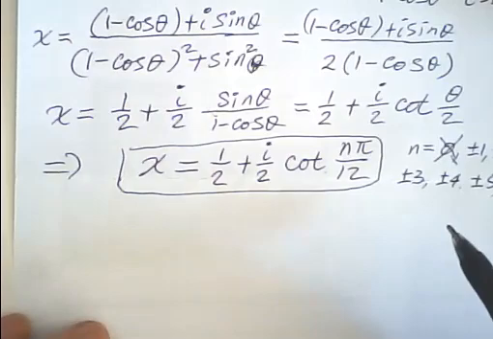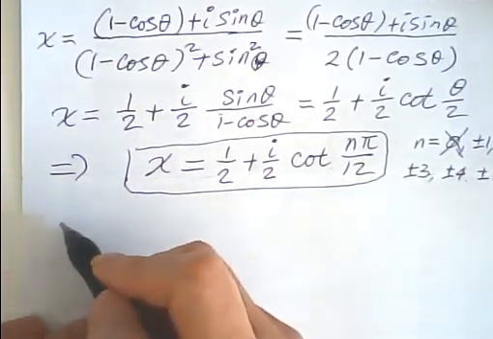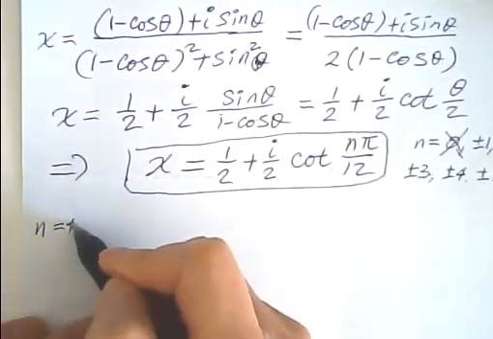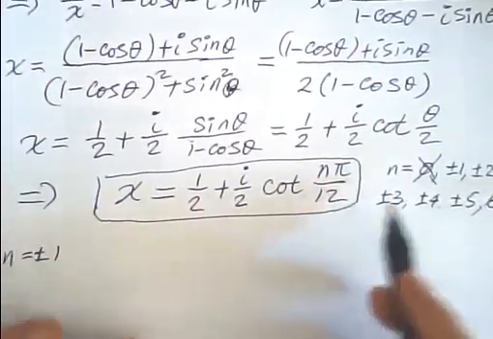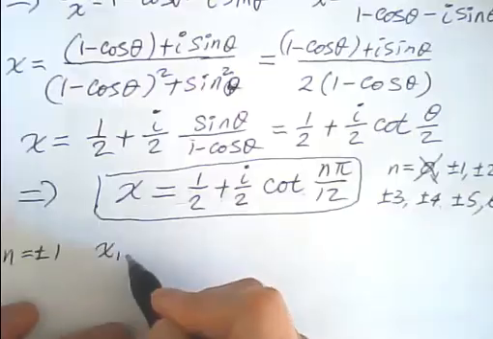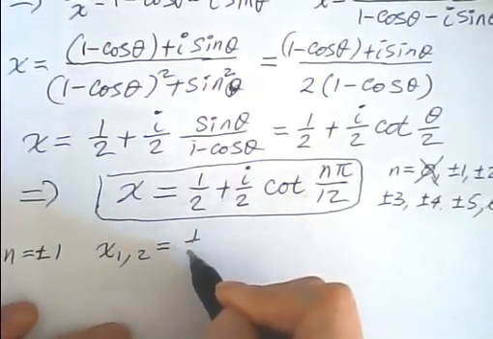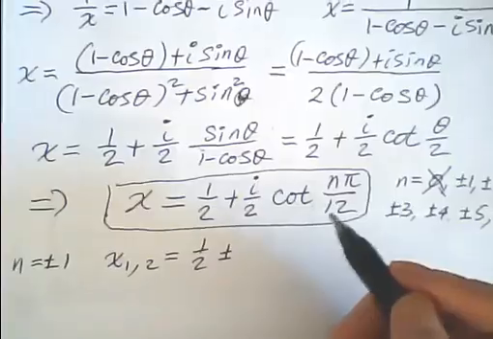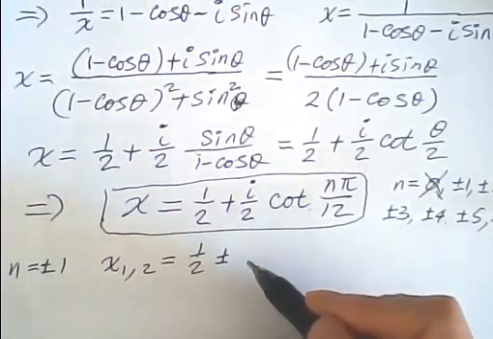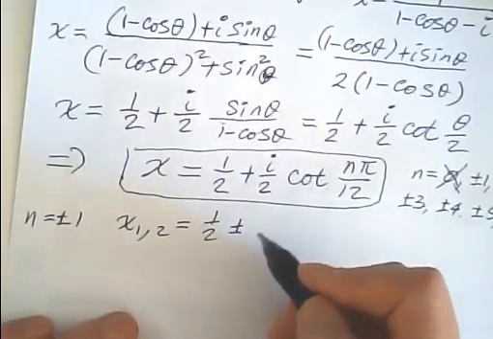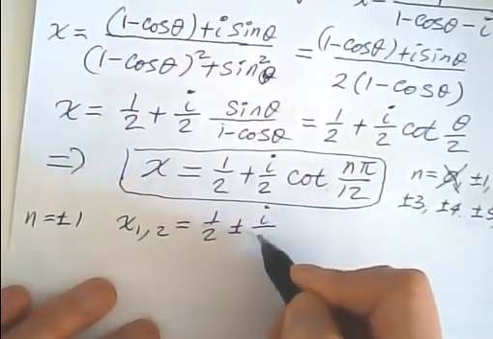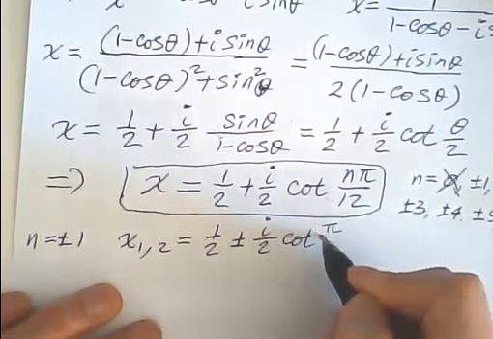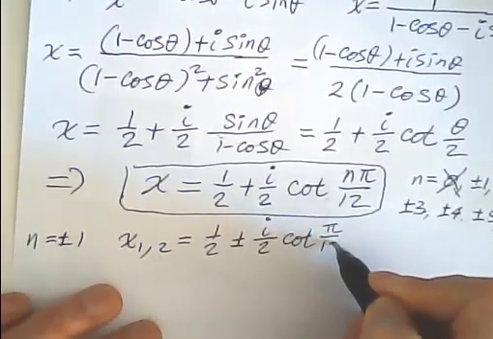So if we want to be more specific, n equal to plus or minus 1, because 0 is not defined. Then x1 and x2 are equal to 1/2 plus or minus half i cotangent pi over 12.